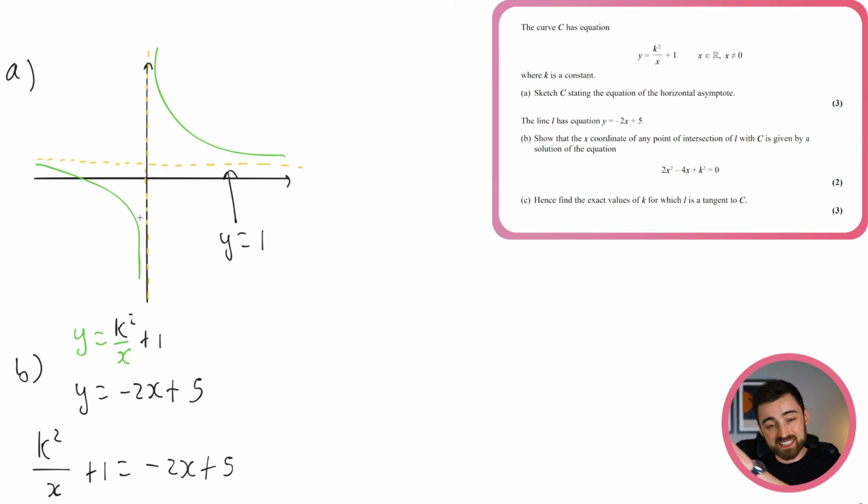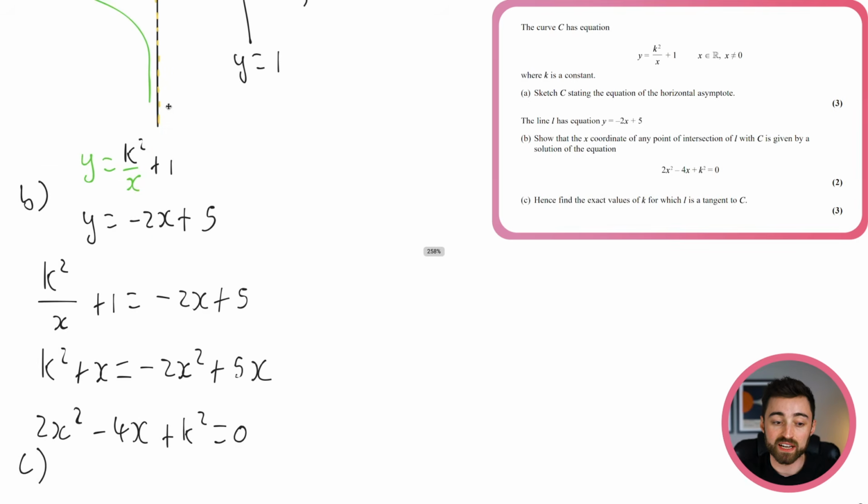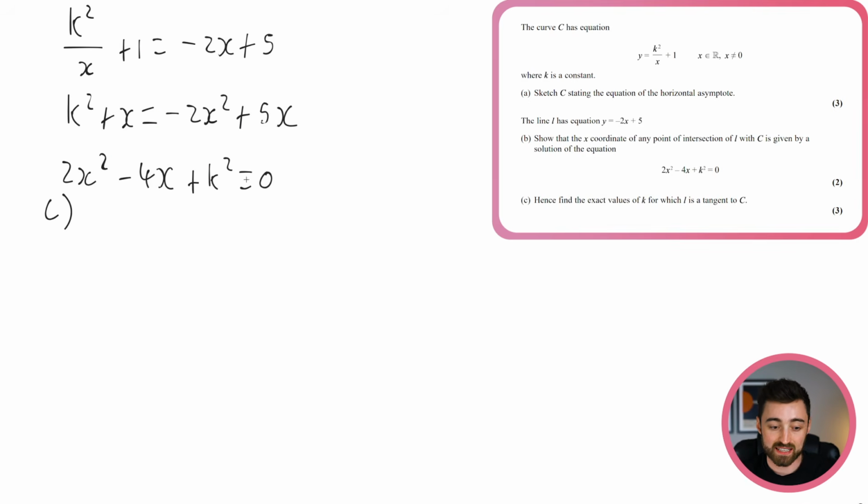So here's the thing. The fact that this is a tangent means that the curve and the line only intersect once. That is very important, so let's write it down. Curve and line only intersect once. Why is this useful? Because once I solve this equation, it is going to tell me the x coordinates of the intersection points.